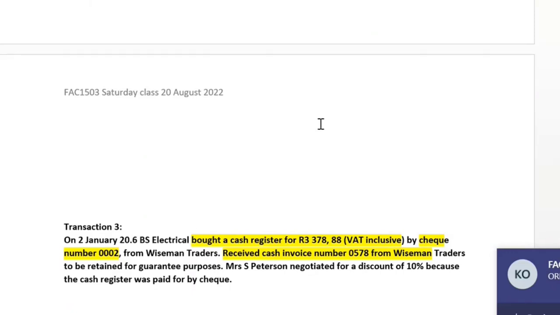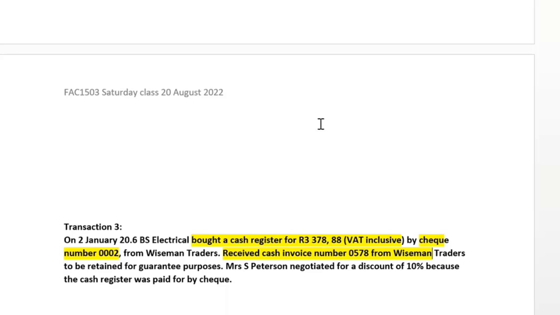Wiseman Traders issued. Karabo is saying original cash invoice.